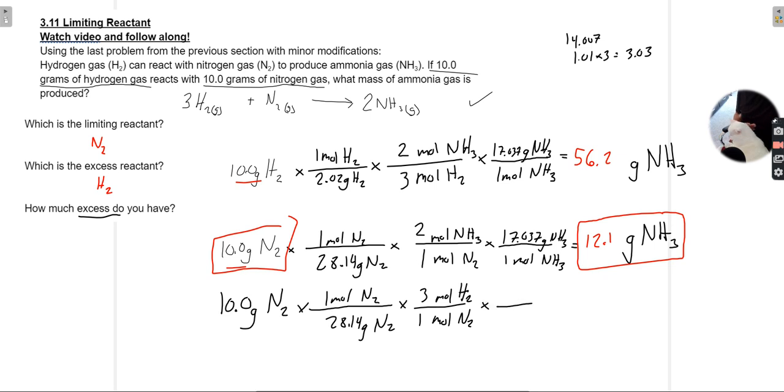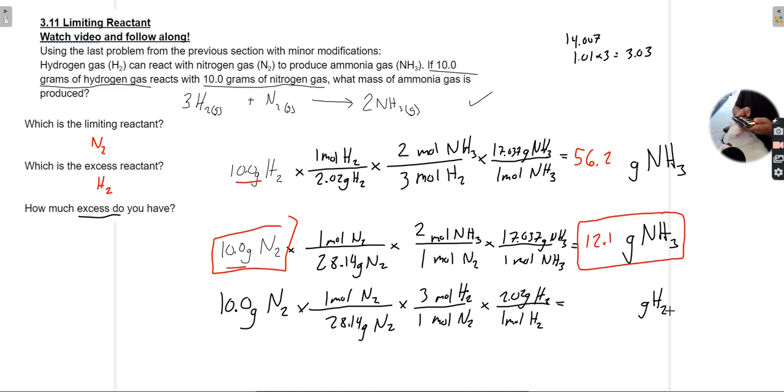to hydrogen. So we know it's 3 moles of hydrogen for every 1 mole of N. And then what we need, hold on, Pika, is the grams. So 1 mole of H2 is equal to 2.02 grams of H2, the molar mass, right? We're trying to go to grams of hydrogen because we want to know how much excess we have. This is going to be a little bit of a long video, but it's okay.